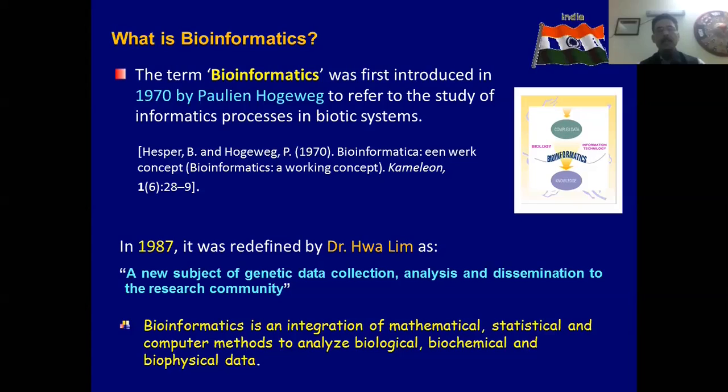And really speaking, the definition of bioinformatics is still evolving because of the association and strengthening of different facets of the emerging science, with inputs from various branches of not only biological sciences, but also of various branches of material sciences. So today we consider bioinformatics an interplay or an interface between material science and biological science.